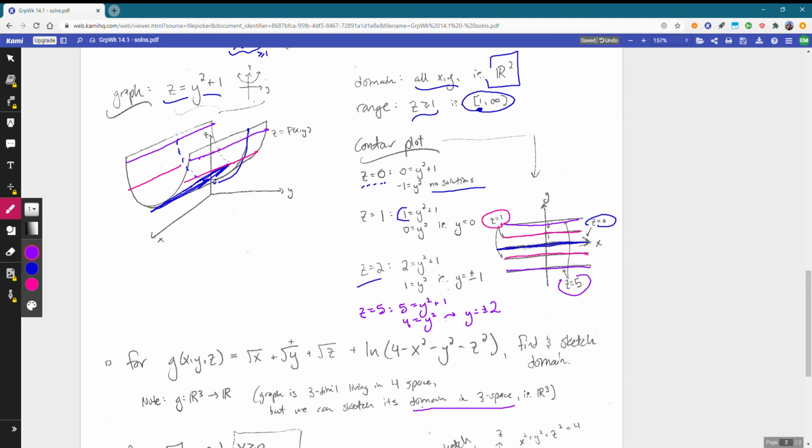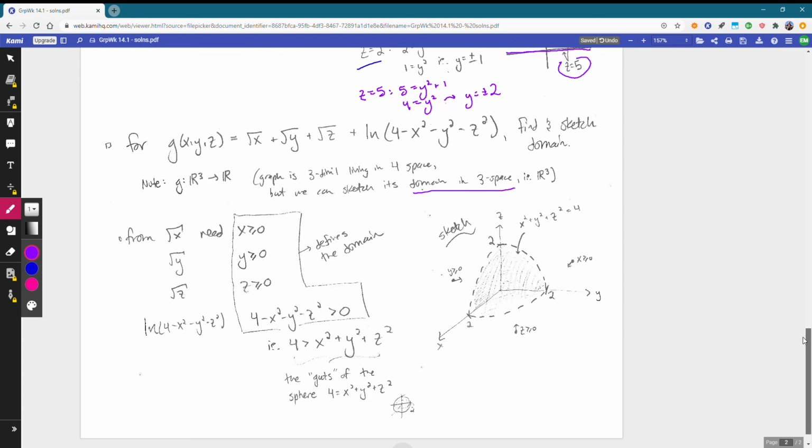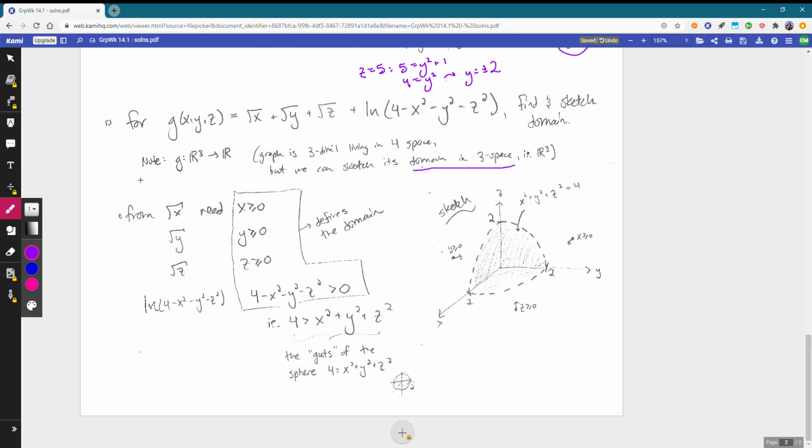We can just look at the different pieces of our function and see what is required. Whenever we have a square root, we need what is inside the square root to be greater than or equal to 0. So we need x, y, and z, all of those bigger than or equal to 0. So we're kind of looking at the first octant at this point.